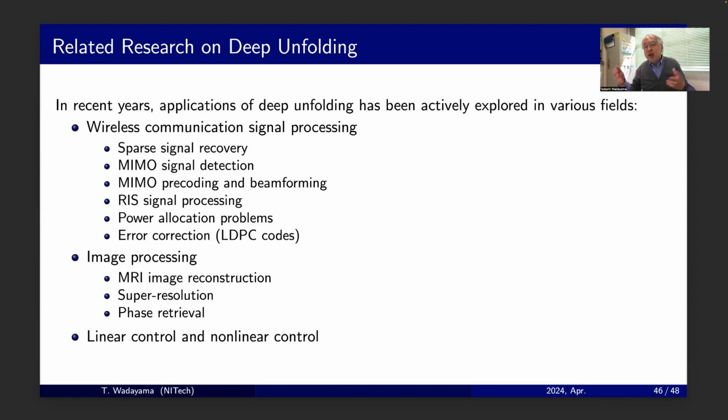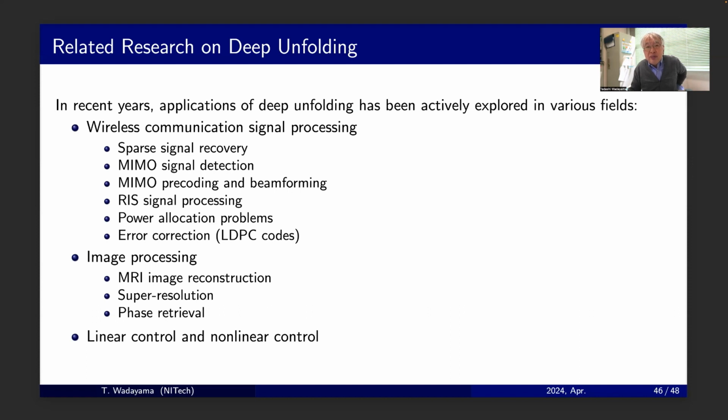For example, in the wireless communication field, as we discussed, sparse signal recovery algorithms have been actively studied, and also MIMO signal detection, MIMO precoding, RIS signal processing, power allocation problem, and also error correction for LDPC codes. The deep unfolding idea is incorporated to improve these algorithms.